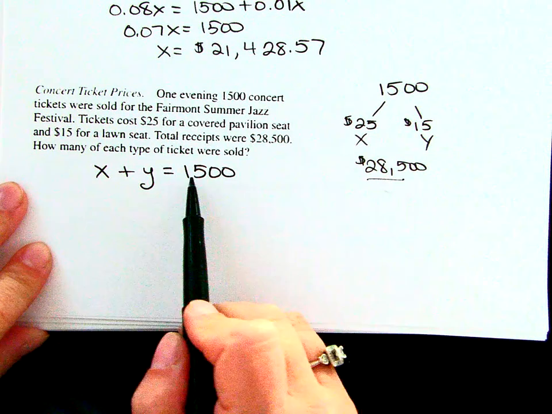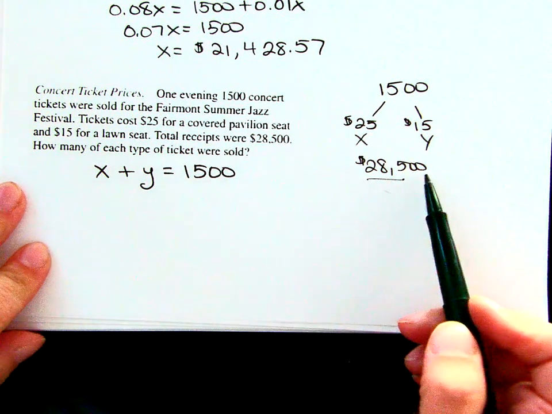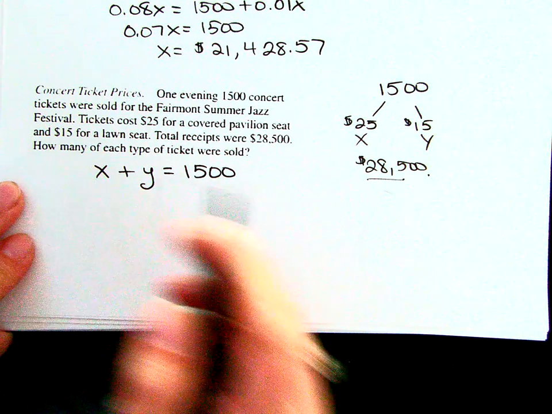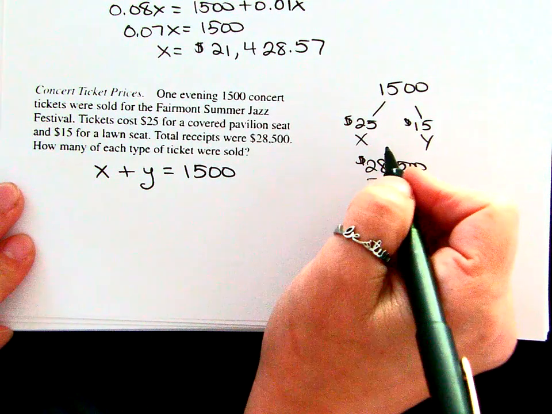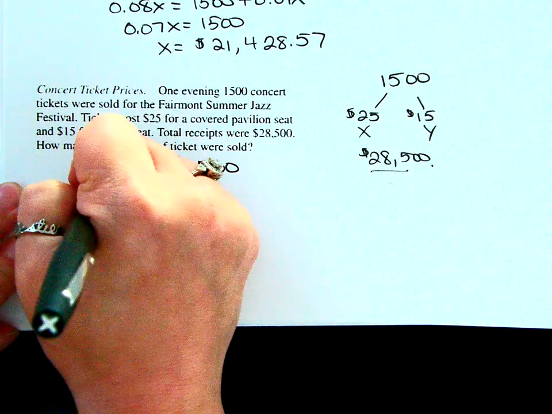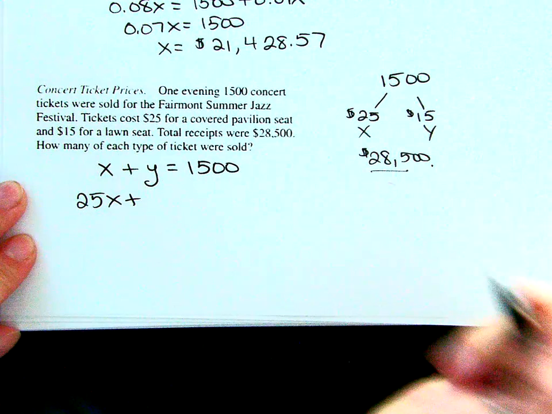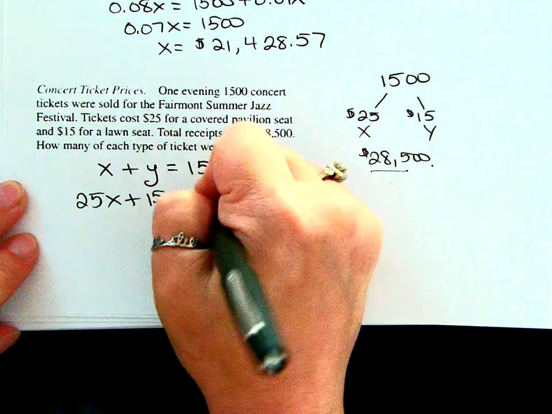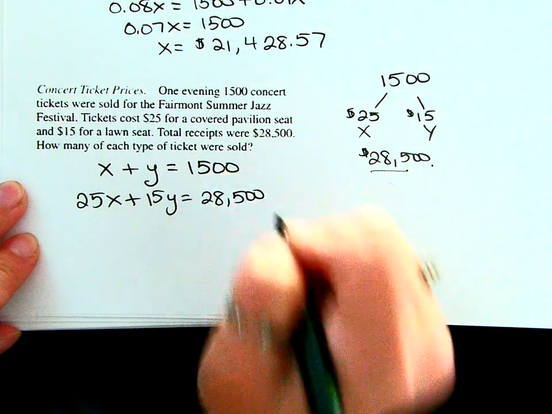So how much was an X ticket? $25. So I have 25X. How much was a Y ticket? $15. And then total, I sold $28,500. There's my system. Again, I would recommend solving this using substitution. You don't have to.